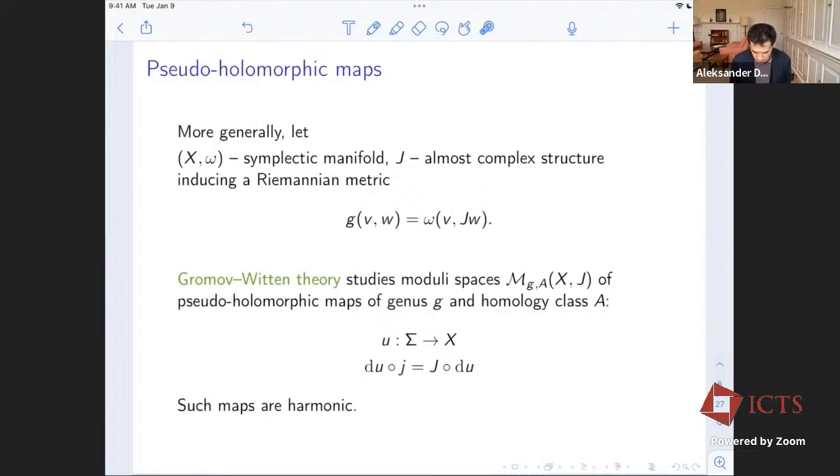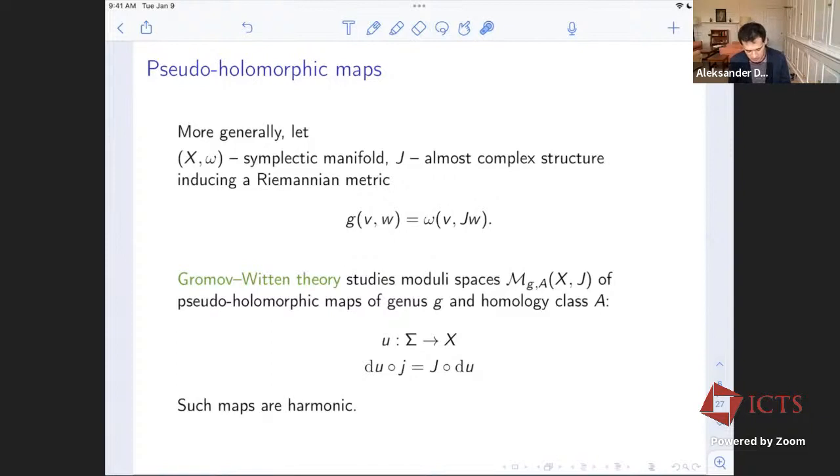So you can look at the space M_{g,A}(X,J). This is the moduli space, up to reparametrization, of all maps satisfying this equation, such that g is the genus of your Riemann surface, and these maps represent the homology class A in X. And this is the moduli space of pseudo-holomorphic maps.